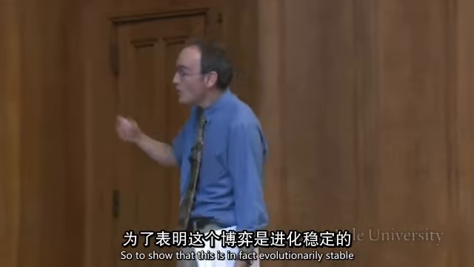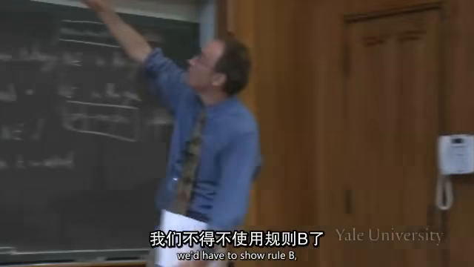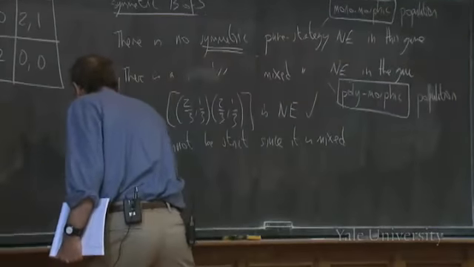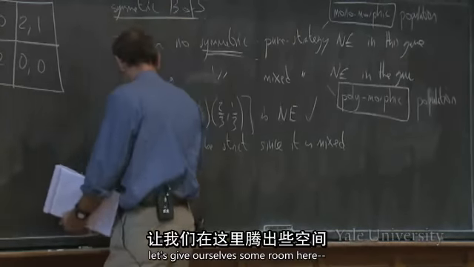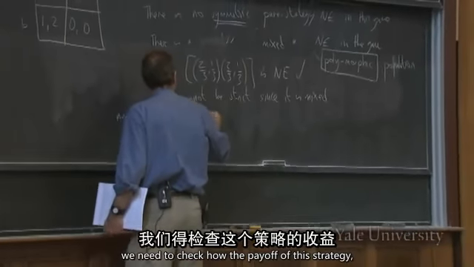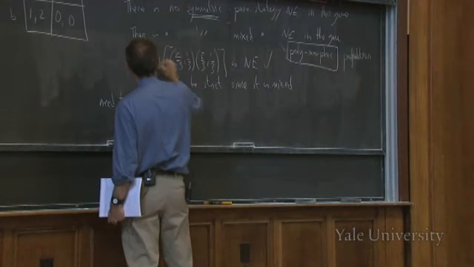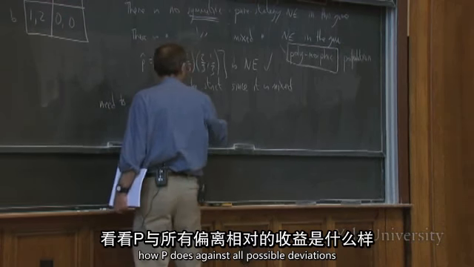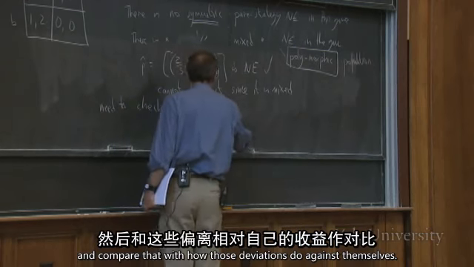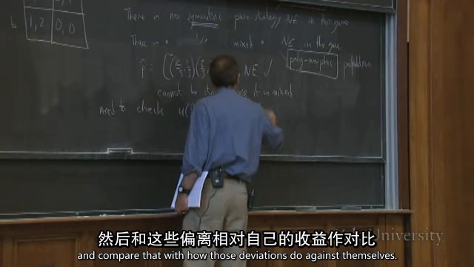So to show that this is in fact evolutionarily stable, we'd have to show rule B. We need to check how the payoff of this strategy, let's call it P hat, does against all possible deviations, and compare that with how those deviations do against themselves.